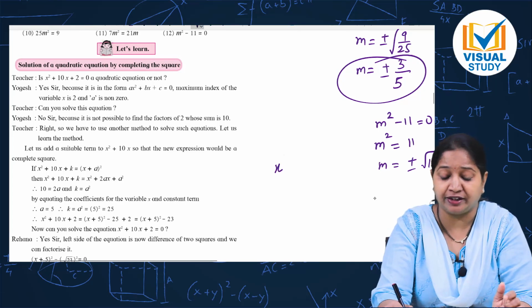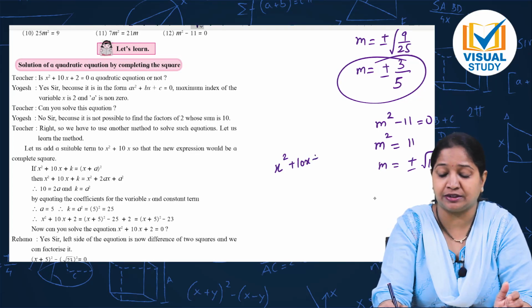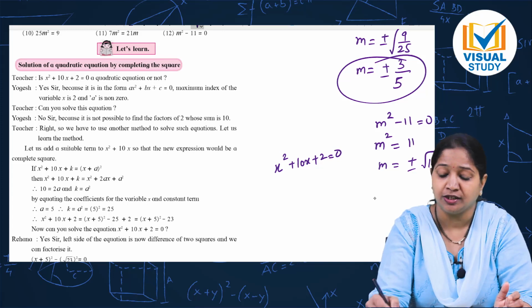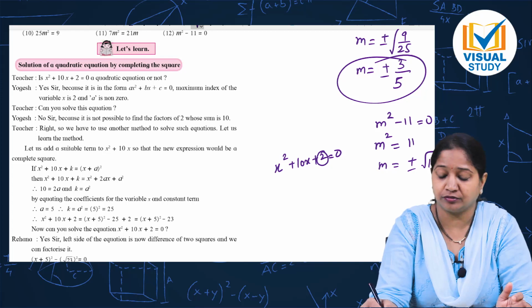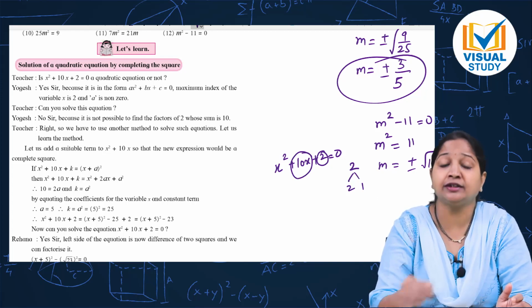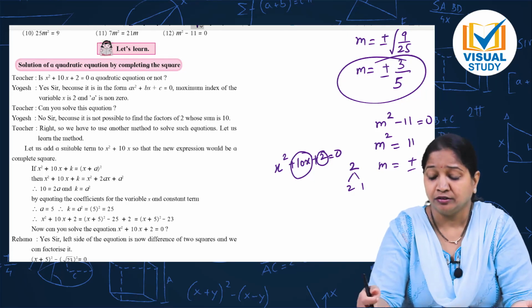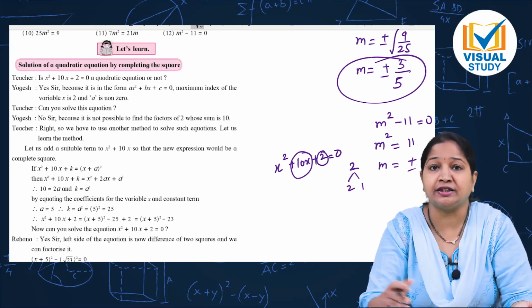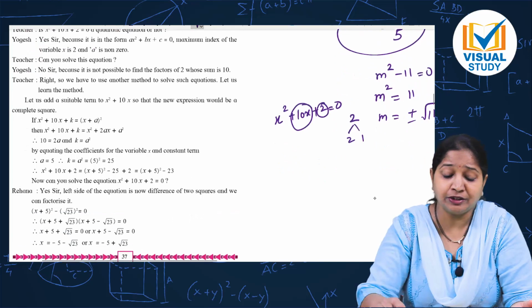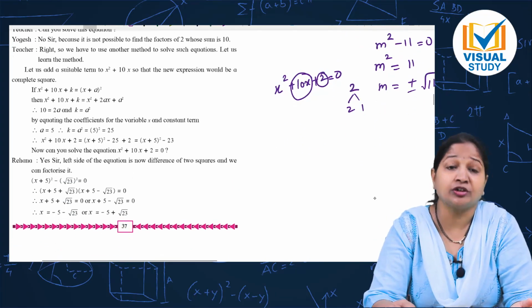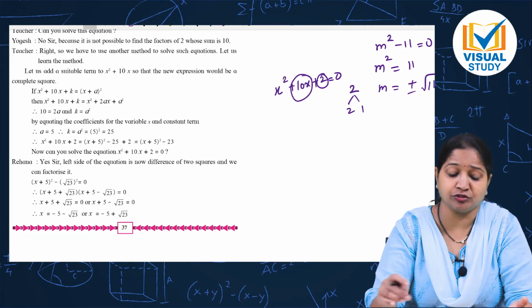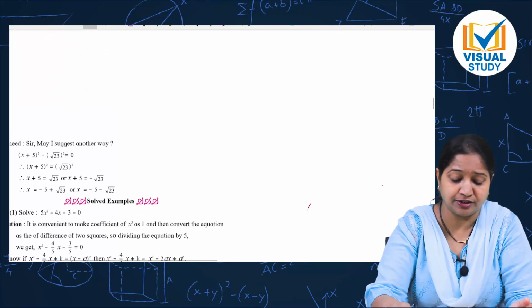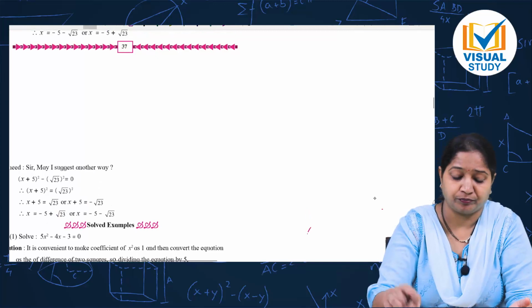But while going to factorize x square plus 10x plus 2 equal to 0, you can get the factors of 2, that is 2 and 1, but you have to get the middle term, that is 10. We are not going to get 2 into 1 is 10. So, which method can you use here? You can use the completing square method. Now, what is this completing square method?